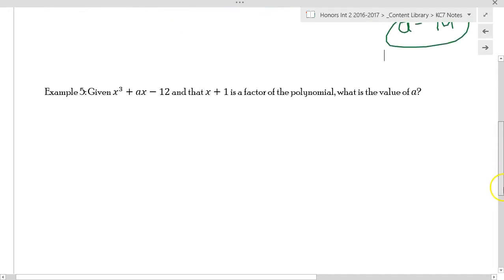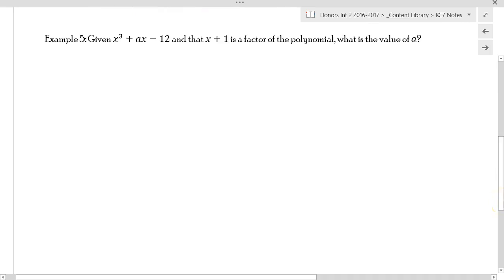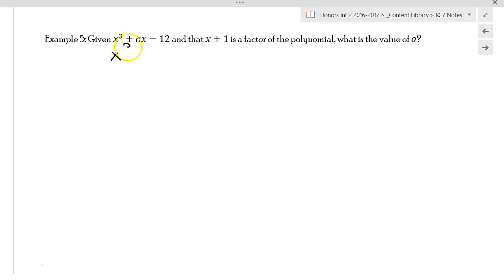Let's look at example 5. I have x cubed plus ax minus 12. I'm talking if x plus 1 is a factor. So this is the same type of problem. But when I look at this, x cubed plus ax minus 12, I'm missing an x squared. So I really have x cubed plus 0x squared plus ax minus 12.